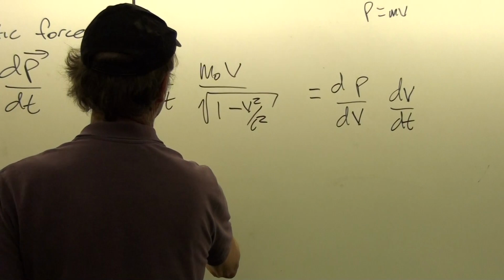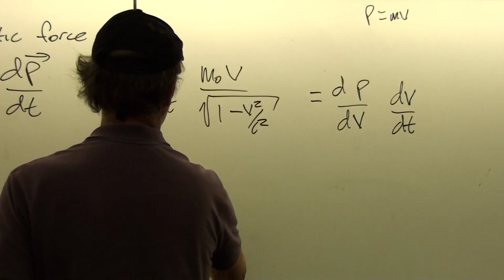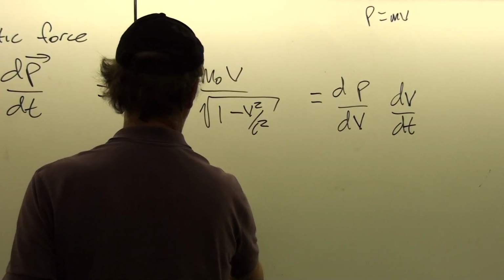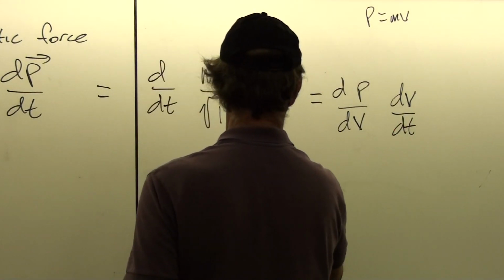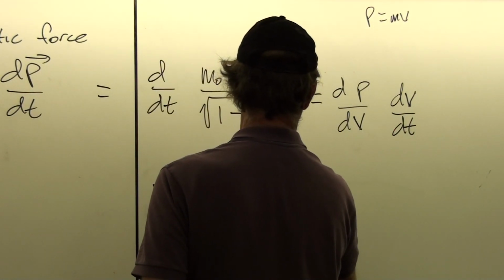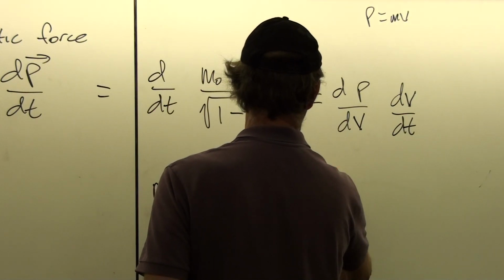All right, so let's write this then as m naught times d/dv of v times 1 minus v squared over c squared to the minus 1/2 power.